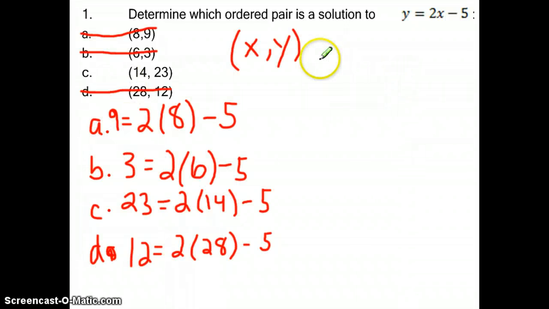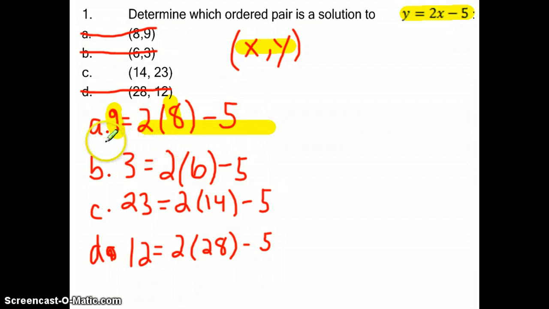Alright, the important part of this problem is that you remember ordered pairs are always written x, y: x value first, y value second. So if we look at these, for part A, all you needed to do for each of these is plug in the x value, which was 8 in part A, for x in the problem, and you would see that that does not give you the right y value when you solve this side of the equation.